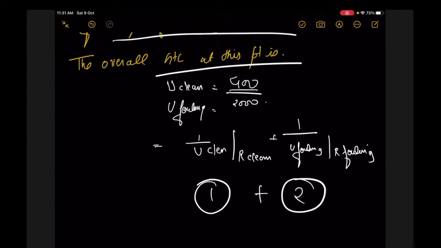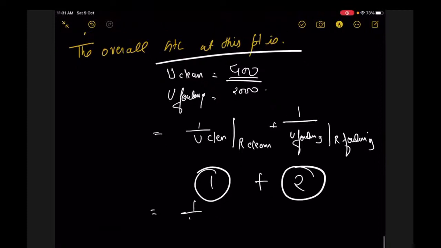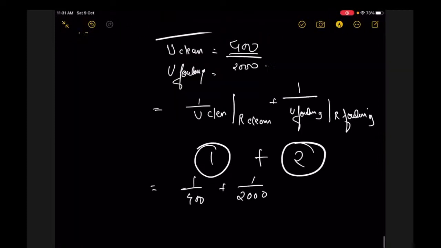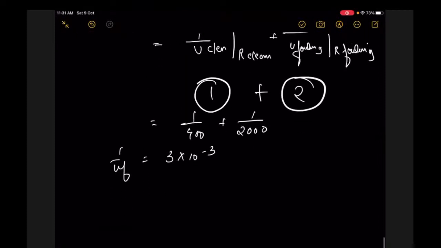Okay, so now you can solve this. 1 by 400 plus 1 by 2000. 1 by UF will come 3 into 10 to the power minus 3. So what is the value of UF? 333.33 watt per meter square Kelvin.